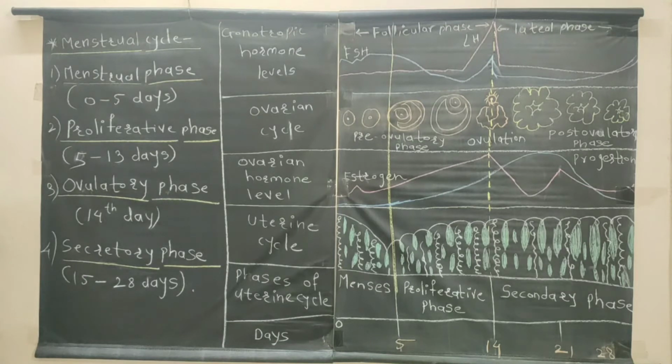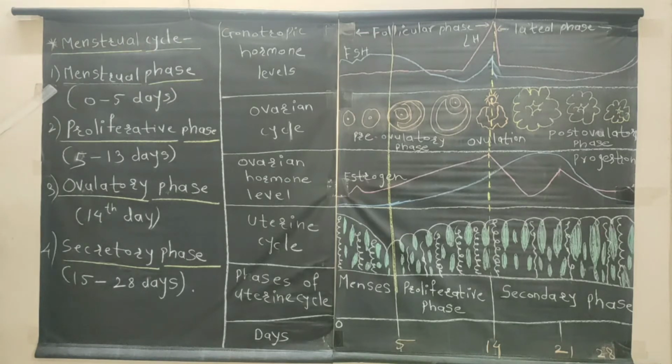And this menstrual cycle has a particular period of 28 days. In that 28 days, there are 4 phases. In the middle of each cycle, that means on the 14th day, the egg gets released. This cycle is divided into 4 phases.